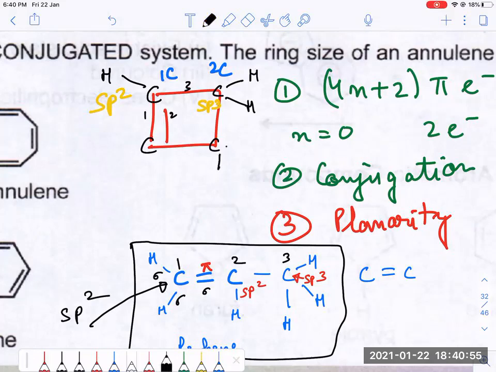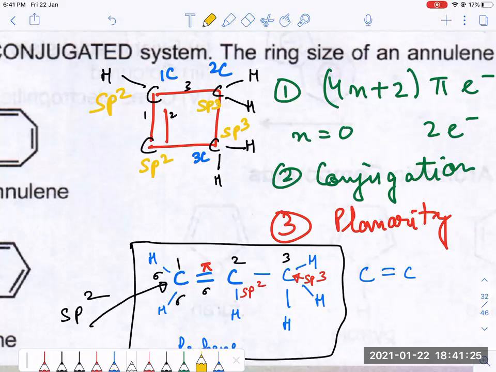Let's call it 3C. Sir, sp3. Yes, again sp3. Now you are able to tell me correctly. sp3, sp2. Now, please tell me, is this molecule planar? Can this be planar? Come on. No, sir.